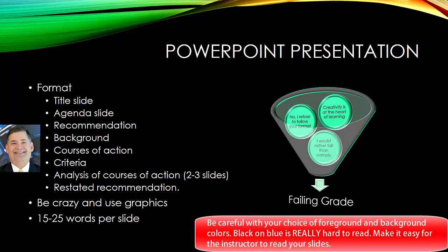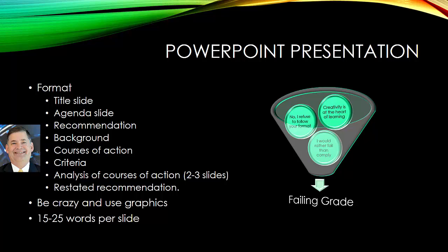All right. From there, you move to a listing of the courses of action and criteria. And again, you're just listing them out. The courses of action are choices. The criteria are going to be what you're using to evaluate those choices. That then moves you to really the heart of the PowerPoint presentation, and that's the analysis of the courses of action. This may be 2 or 3 slides.